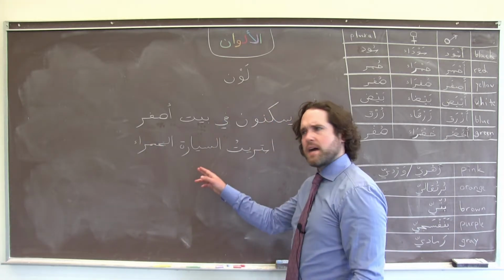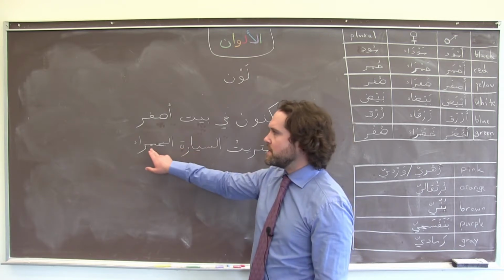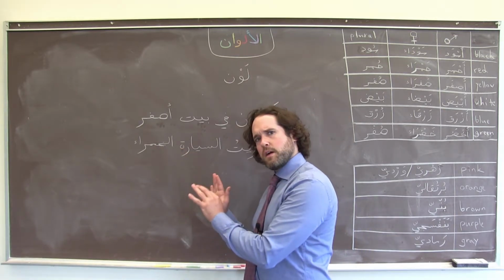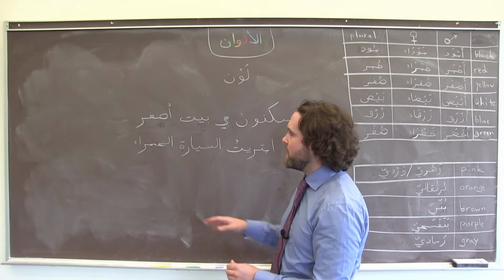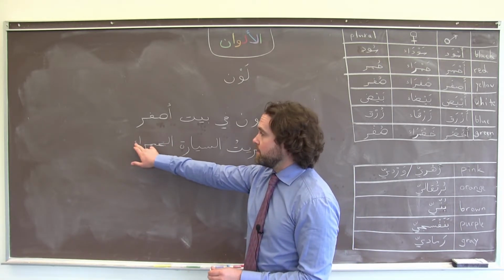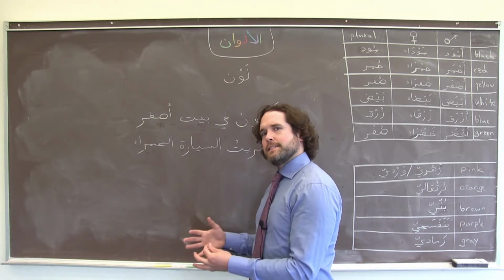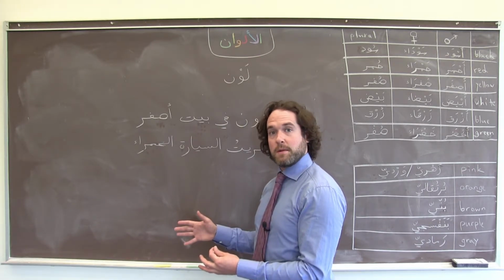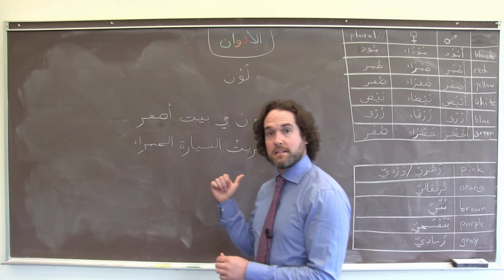Again, even though سيارة is feminine with a ta marbuta, because حمراء, the color adjective, operates on a slightly different pattern, the alif and the hamza at the end indicate that the adjective is feminine. Never going to see a ta marbuta on the end of these adjectives.